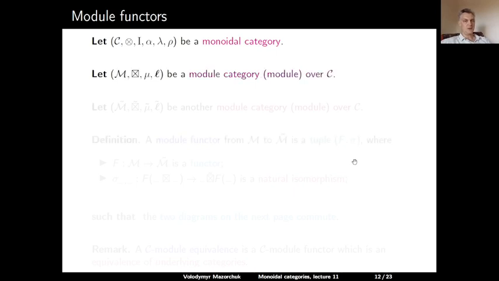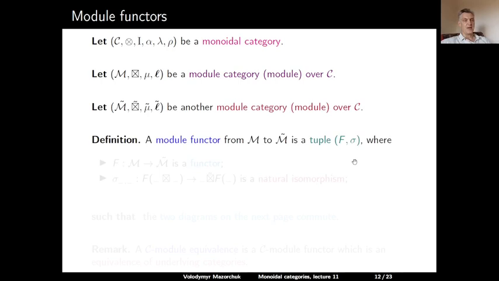Let M be a module category over C. Let M tilde be another module category over C. Definition: a module functor from M to M tilde is a tuple f, sigma, where f is a functor from M to M tilde, and sigma is a natural isomorphism from the bifunctor f applied to something box times with something, to the bifunctor something box times with f applied to something.